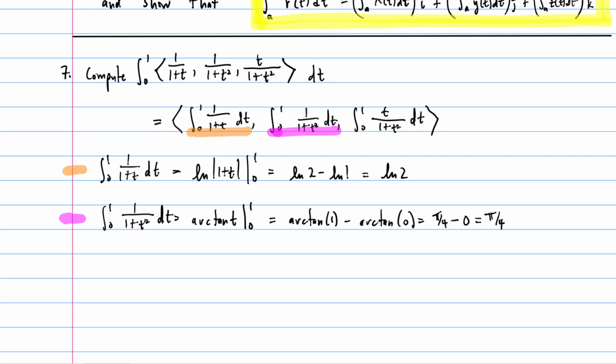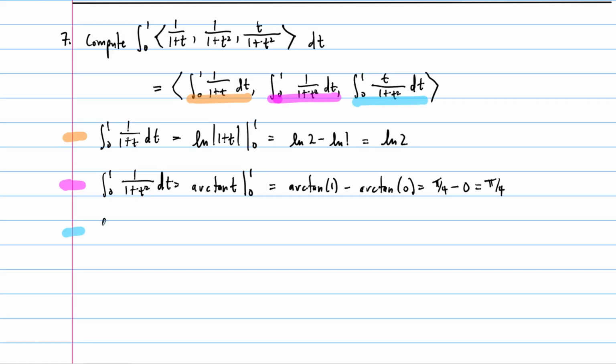And then finally, we've got this one. This one's going to be the integral from 0 to 1, t over 1 plus t squared dt. We need to do a little manipulating to get this to be a u-sub. If this is u, its derivative is 2t dt.